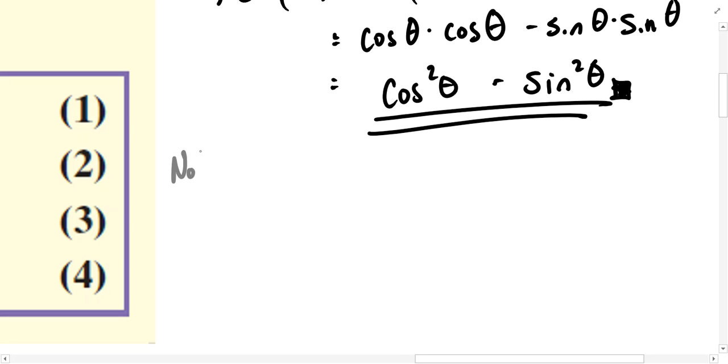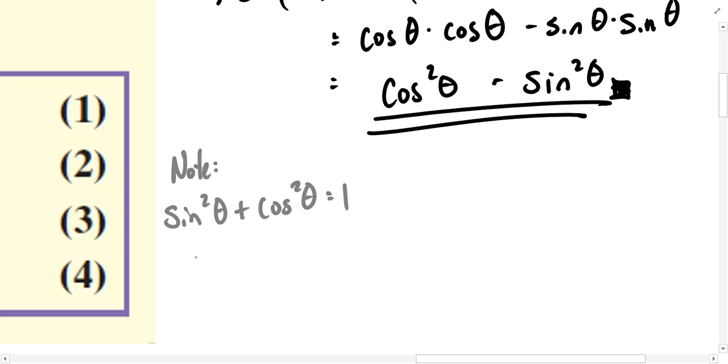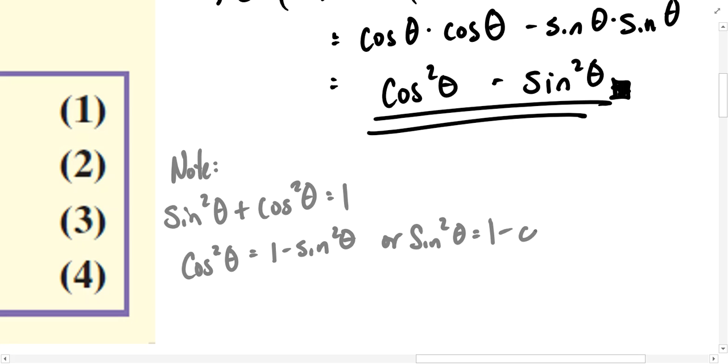So if it were me, I would start considering our Pythagorean identities. If you recall, sine squared plus cosine squared is equal to 1. So cosine squared by itself is 1 minus sine squared, but also we could get sine squared by itself and say that sine squared theta is equal to 1 minus cosine squared theta.